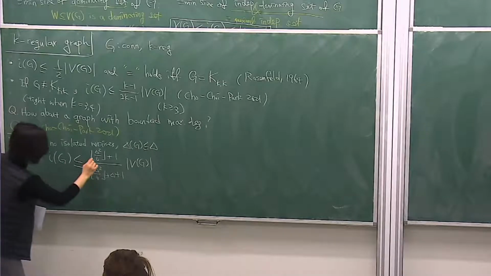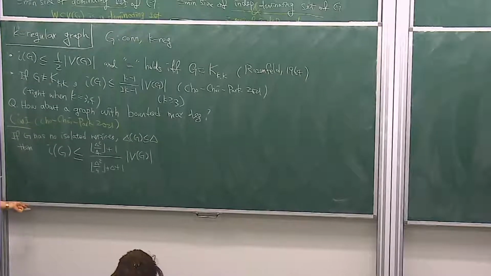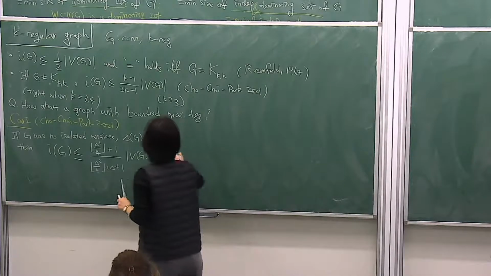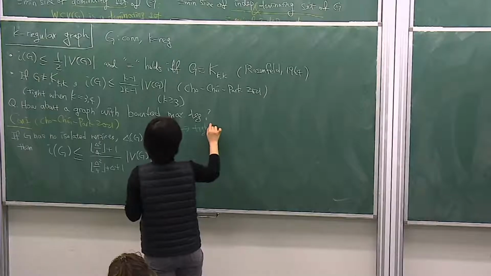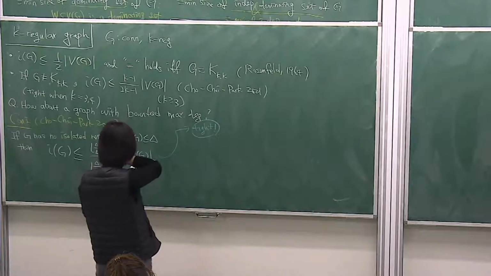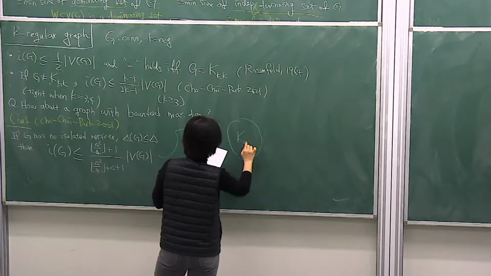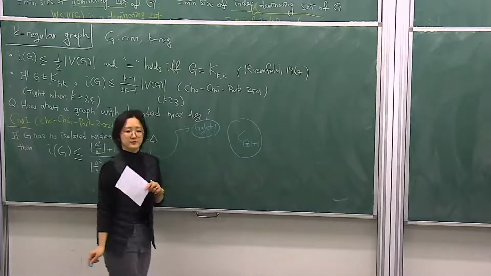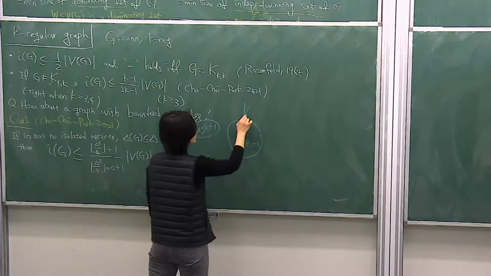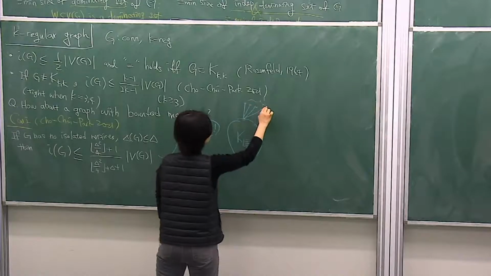This one is tight. The example giving this tight bound is: consider a clique of this size, and for each vertex on this clique, add vertices of degree 1. How many? This number.